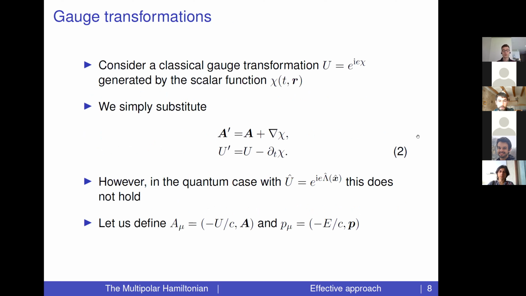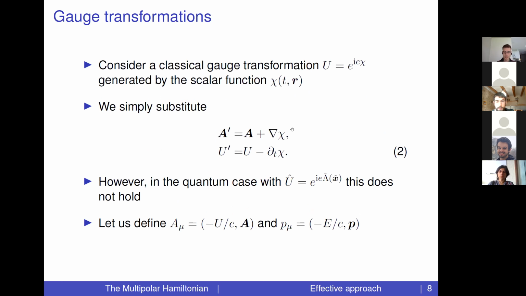So now what we also saw last time, and I'm going to repeat that here again, is if we want to consider a classical gauge transformation that is generated by a scalar function chi, in a classical case, we can easily substitute our scalar and vector potential of the usual form that we are all aware of from classical electromagnetism.